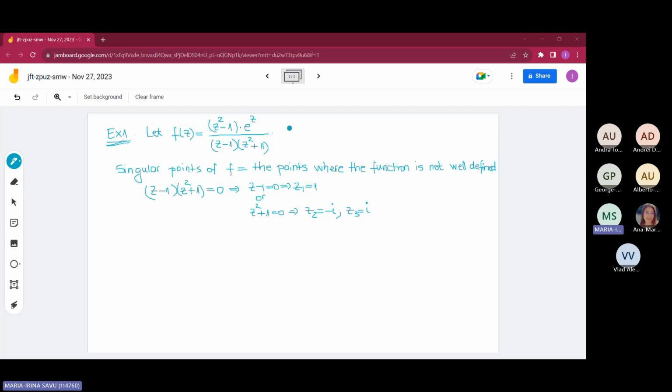And we have the singular points. Also, our aim was to find the residue of the function f in every singular point.